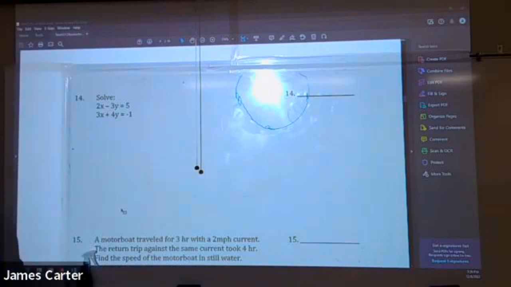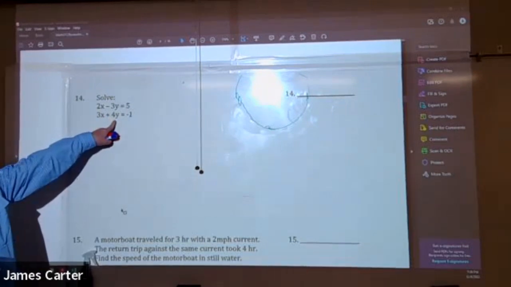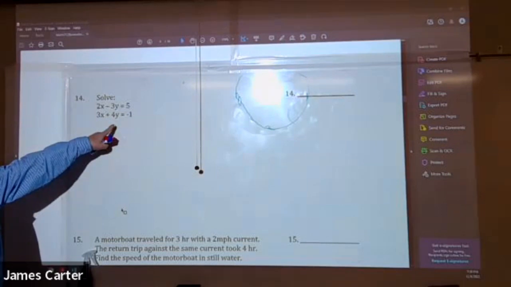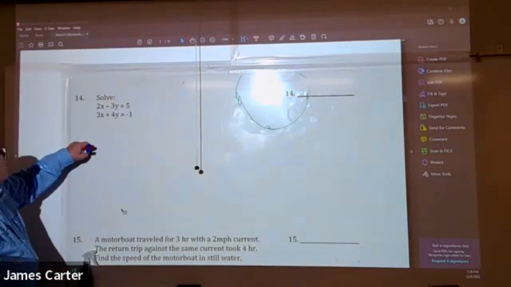Question? Okay. Systems of equations. There are two ways we can solve it, by addition elimination or by substitution. This particular one, I'd probably do by elimination. I have to find an opposite pair.